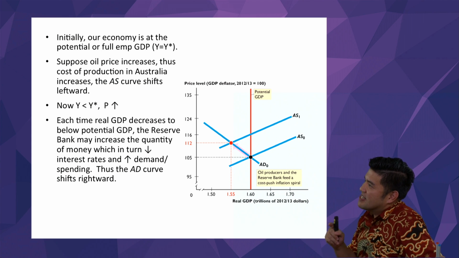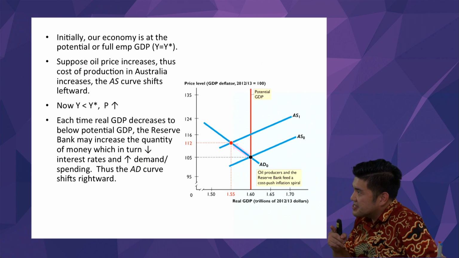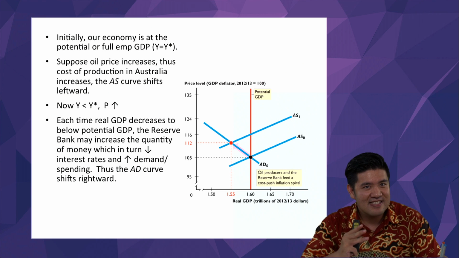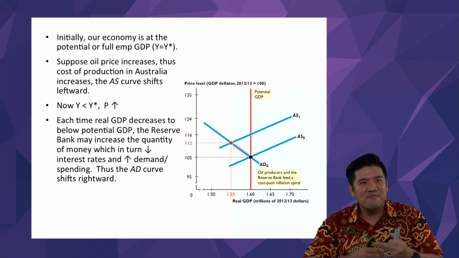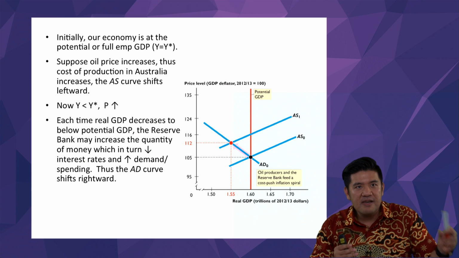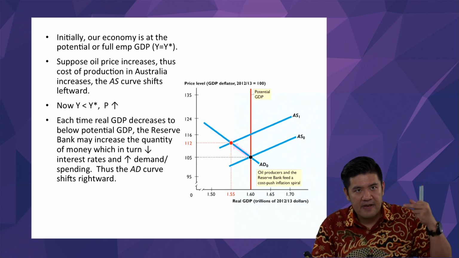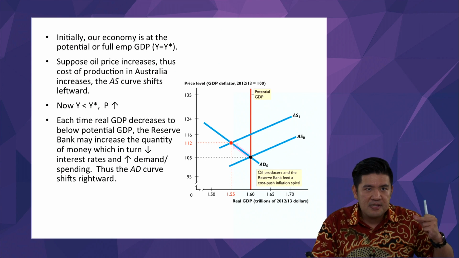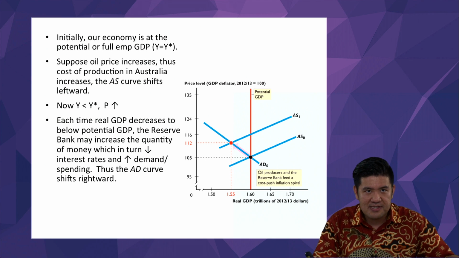We may not stop there, because each time real GDP decreases to below potential GDP, I know guys, now I'm bringing the Reserve Bank, okay? That's why in the previous topic, guys, you get some exposure to the working of the Reserve Bank, and how they may change the money supply, how they may change the interest rate.